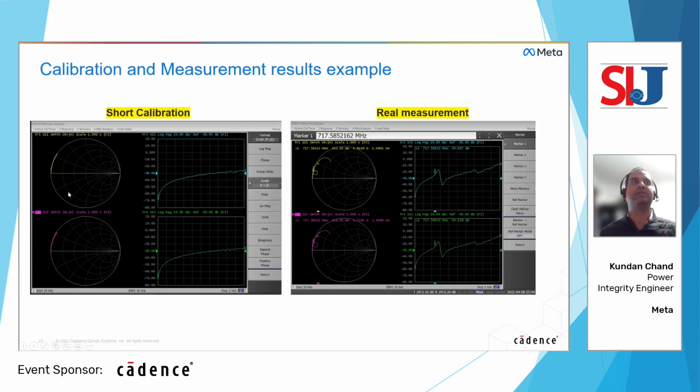So we always looked at the Smith chart, since it gives us an idea of both the magnitude and the phase. For the short, typically this is the response we got on port 1 and port 2. We're looking at the short and the changing phase. And this is the real measurement.